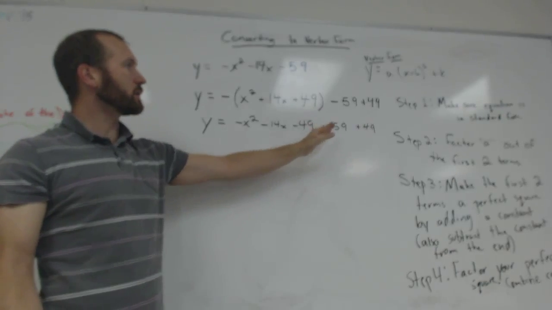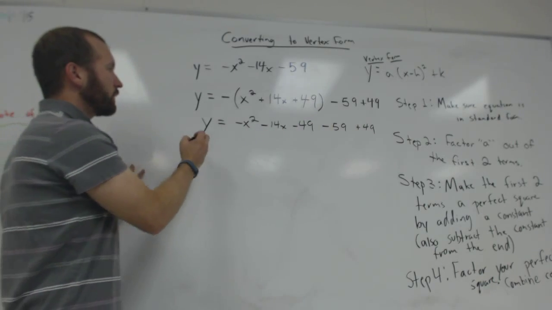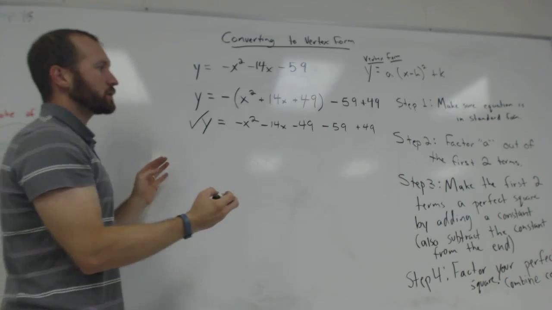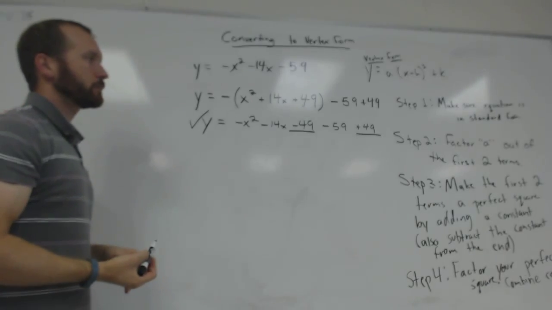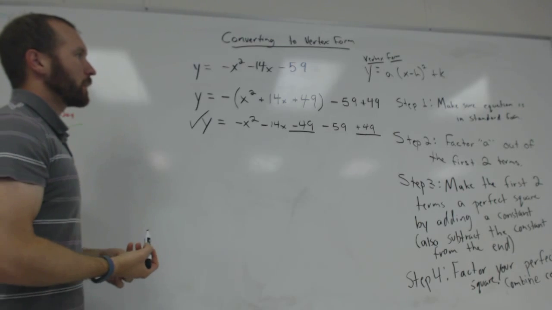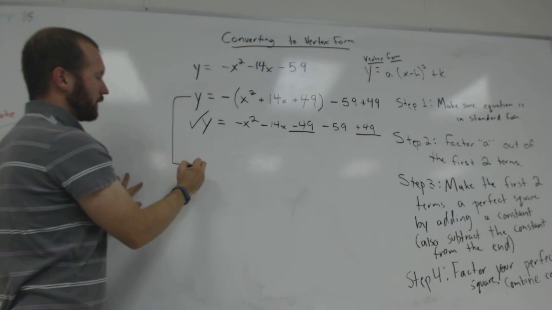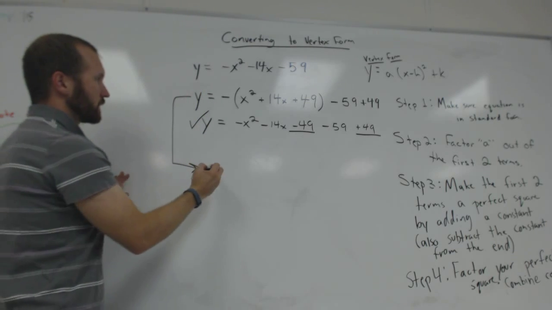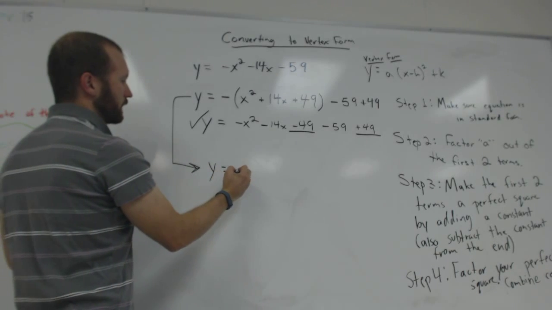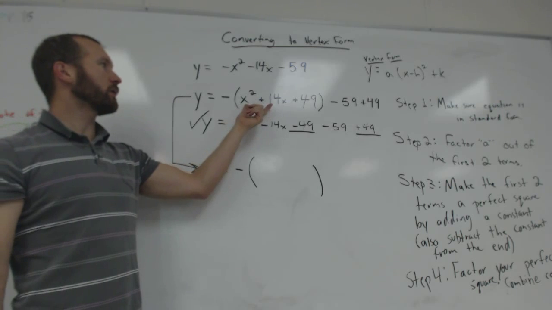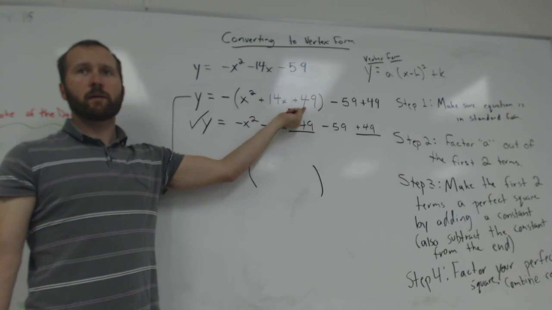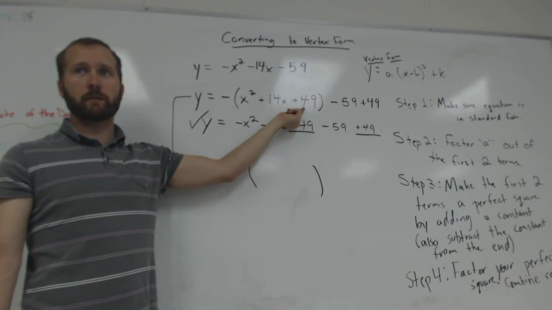So I can use this step to check myself to make sure that this is the opposite of this. Okay. But this is the one that I actually am going to factor. So y equals negative. Inside the parentheses, I want to factor this as a perfect square.